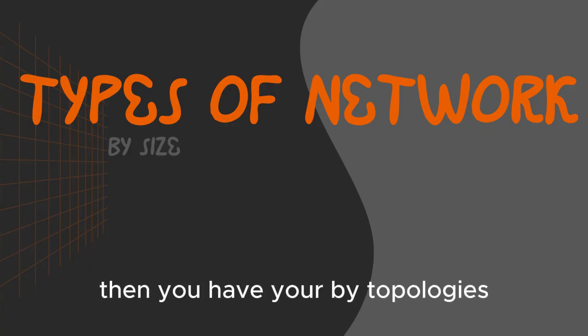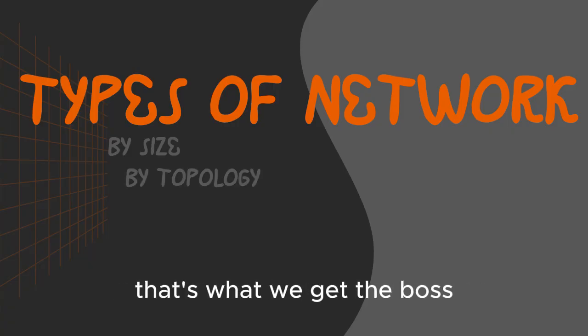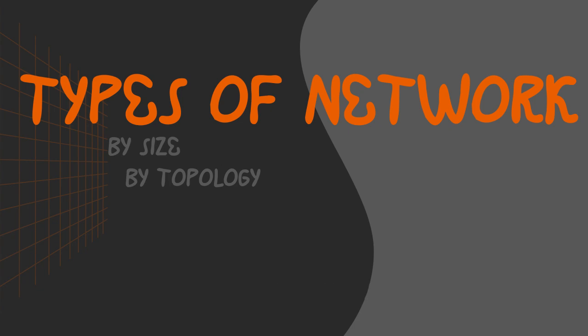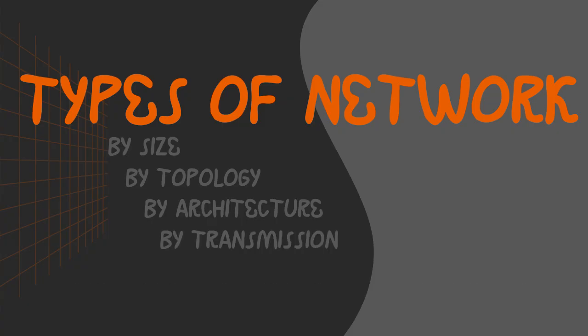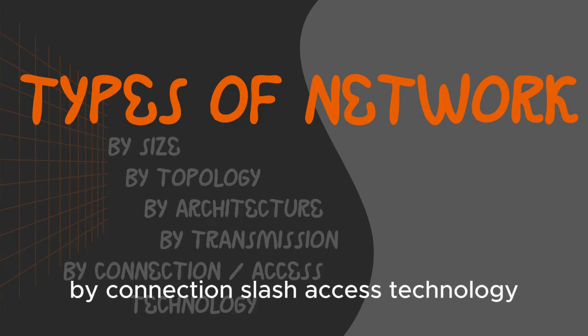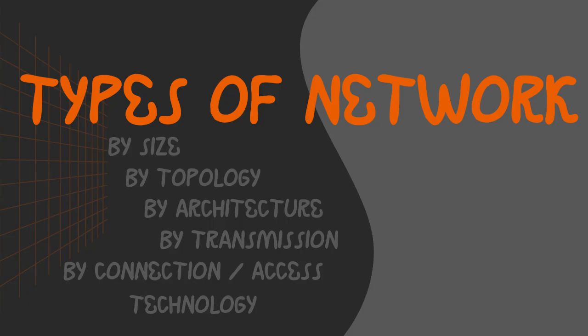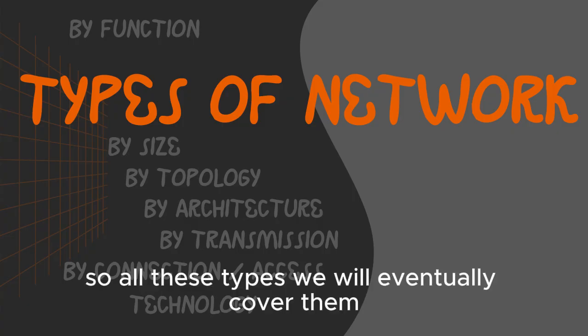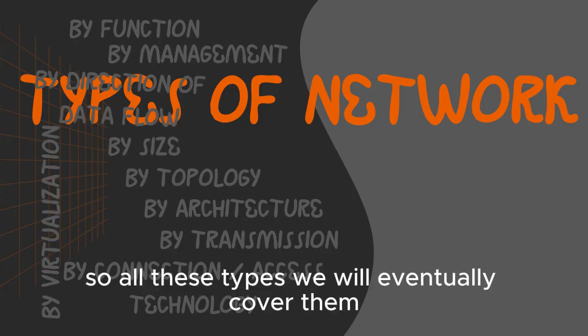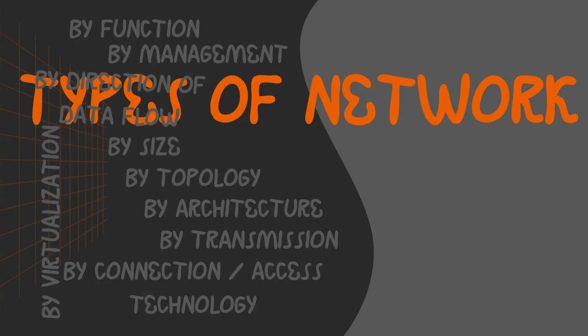Then you have by topologies, that's where we get the bus and star topology. Then by architecture, by transmission, by connection or access technology, by function, and a lot more. All these types, we will eventually cover them.